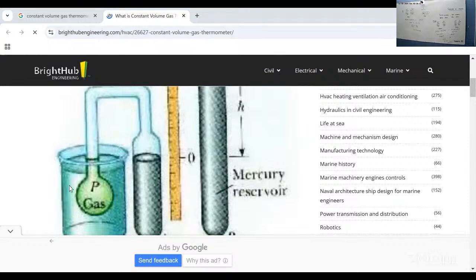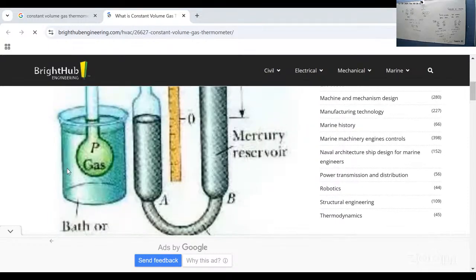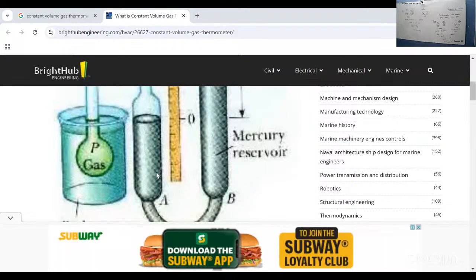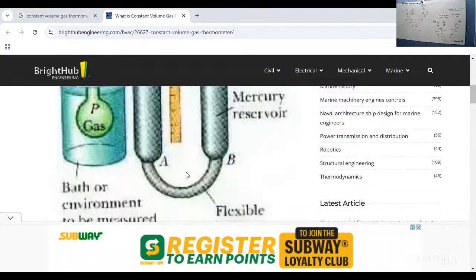Here you have a liquid of unknown temperature, and then we have gas inside here, trapped in here.